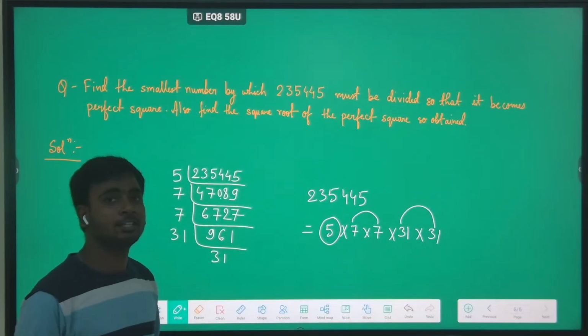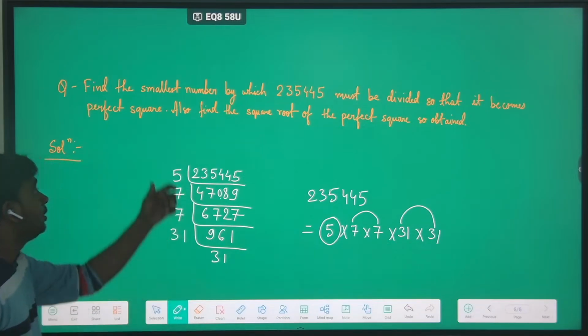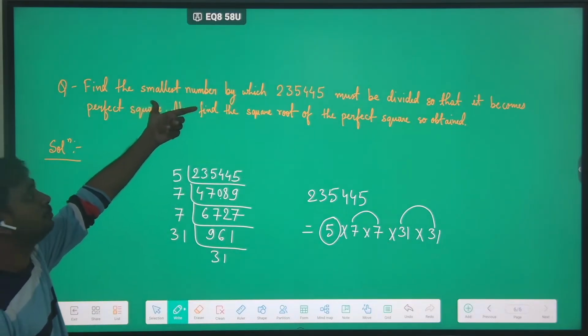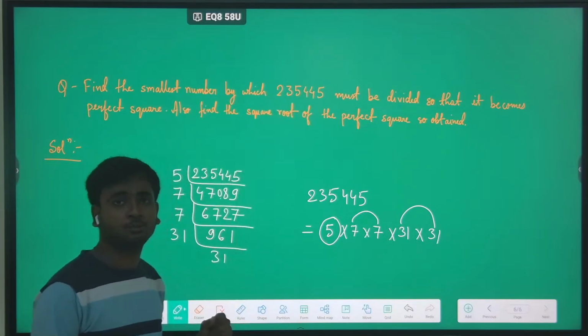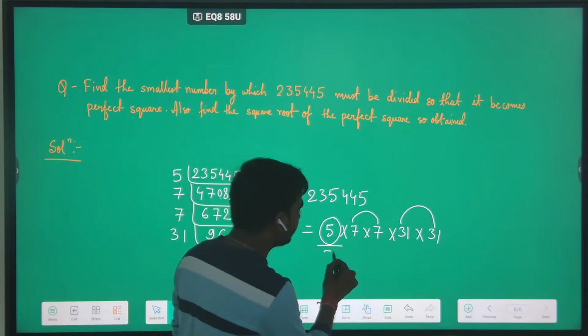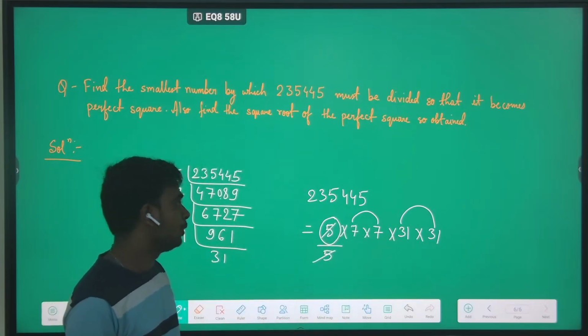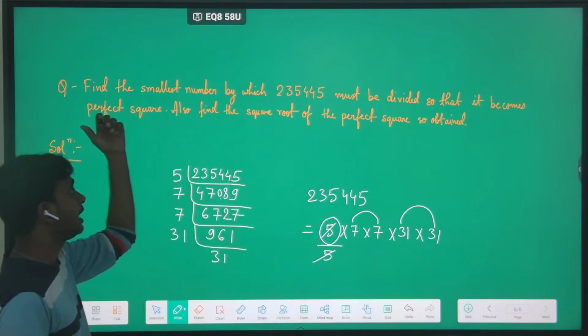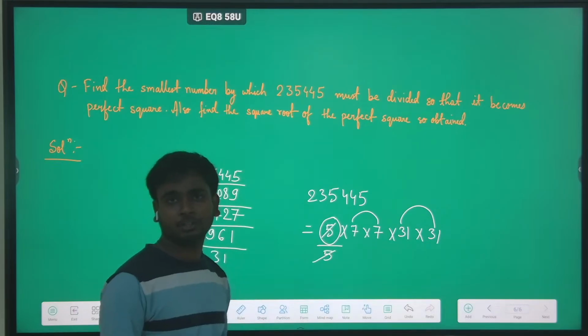To make it a perfect square, we require a duplicate of 5 also. Here we are asked to find the smallest number by which on dividing we get a perfect square. So if we divide this number by 5, we will get a perfect square. Okay. So what will we write? 5 is the smallest natural number by which on dividing this number we get a perfect square.